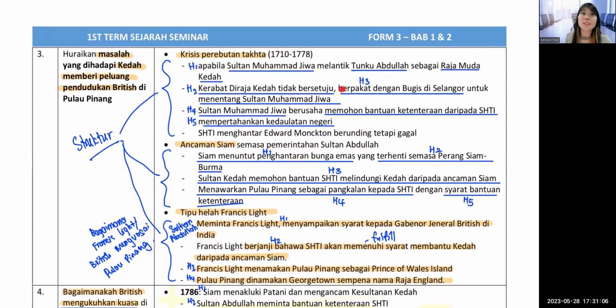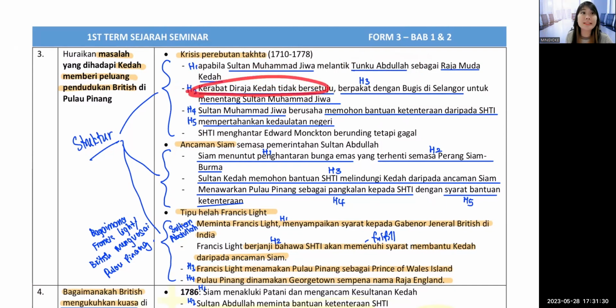Because actually, behind the scenes, Tunku Abdullah was not born from a legal wife. It's from an affair. All right, so all the legal wife's sons, the so-called royal bloodline, were not satisfied.